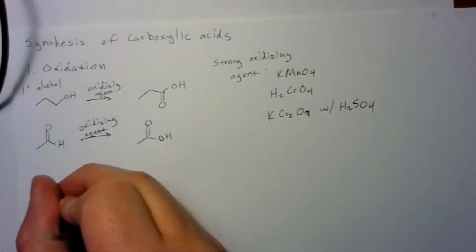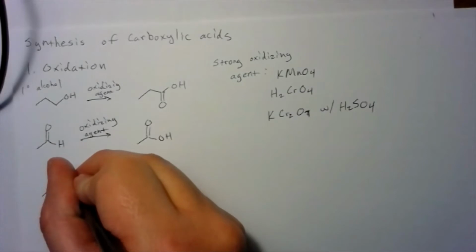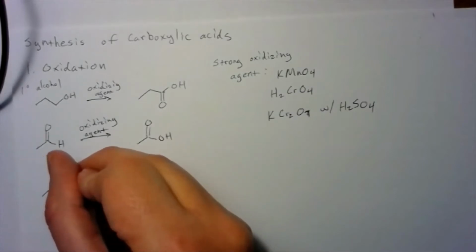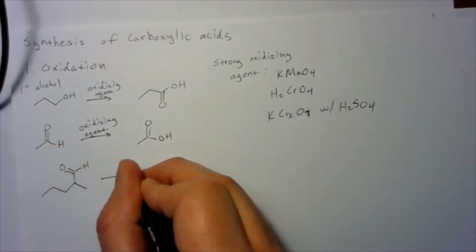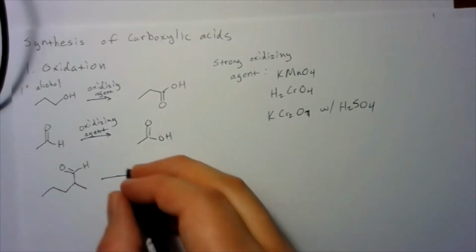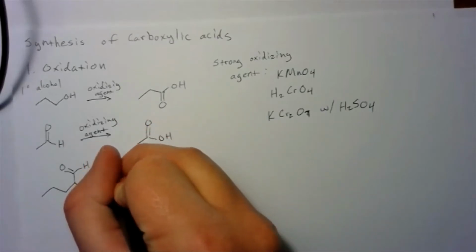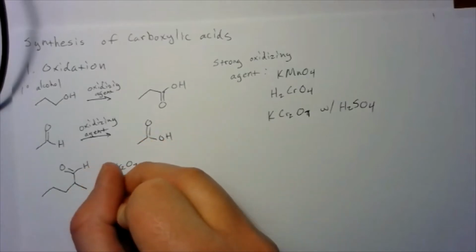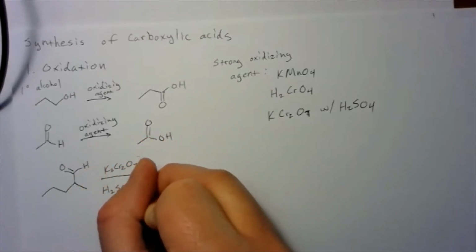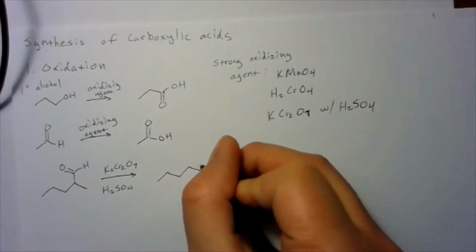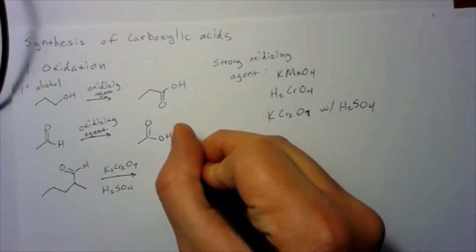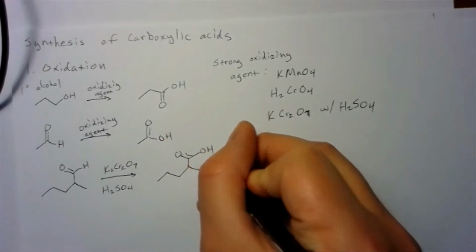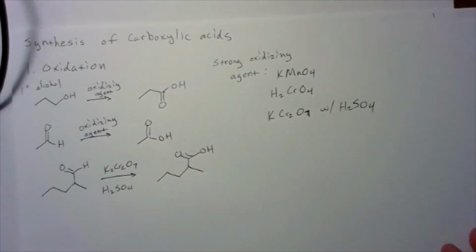We could have any aldehyde, treat it with our strong oxidizing agents, and we convert it to the corresponding carboxylic acid. So oxidation is the first pathway, which we've looked at previously, of course.